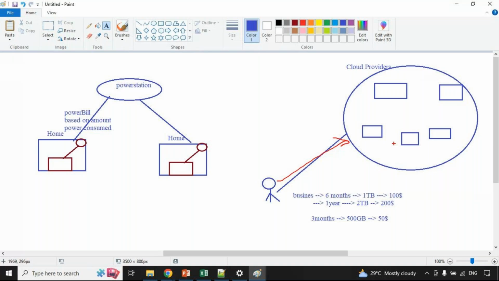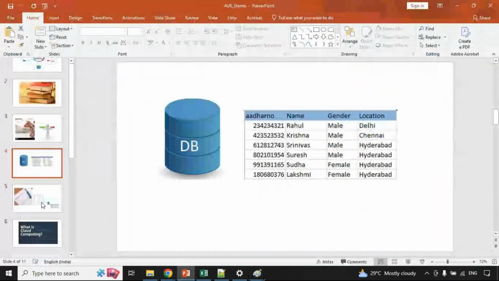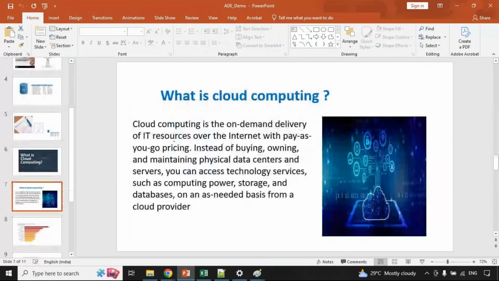So here, cloud computing is the on-demand delivery of IT resources over the internet with pay-as-you-go pricing.